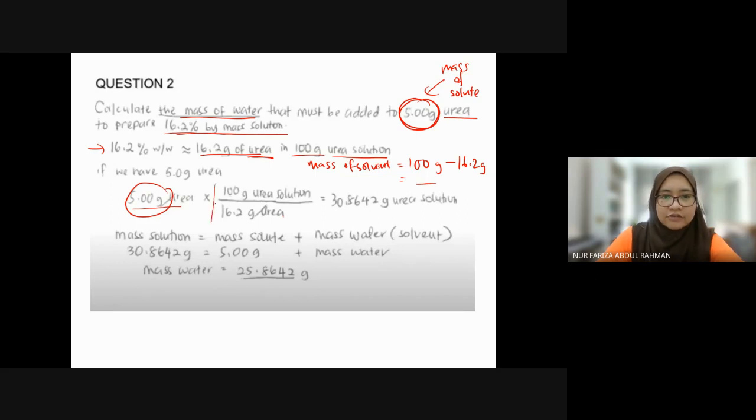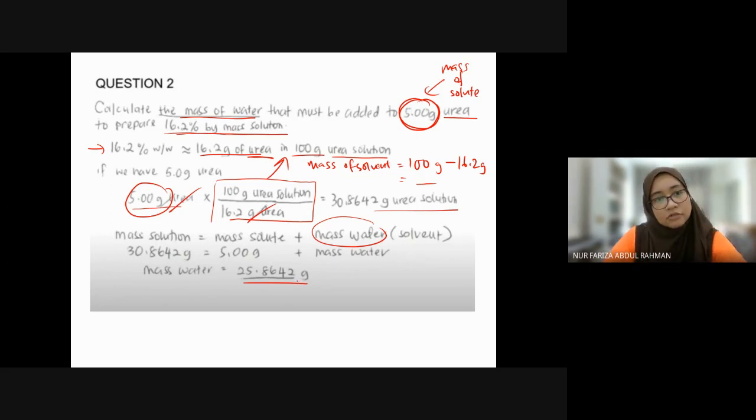We can use this information, and the units cancel out, so we have the mass of the urea solution itself. To find the mass of water, please bear in mind that water in this case is the solvent, so we subtract the mass of the solute from the solution. This is the mass of water, or the mass of solvent.